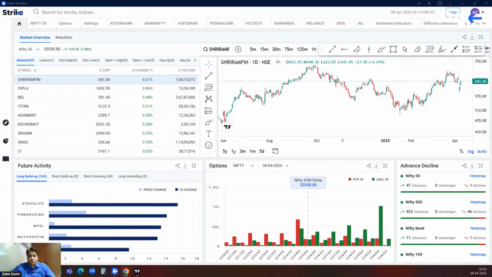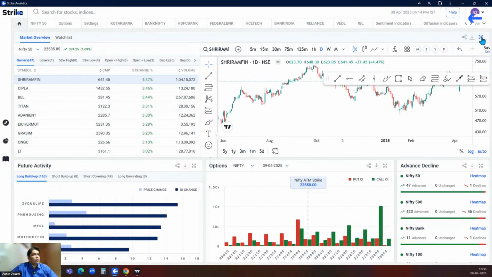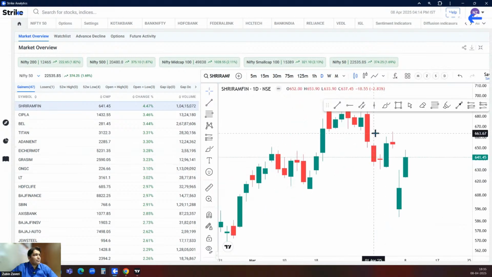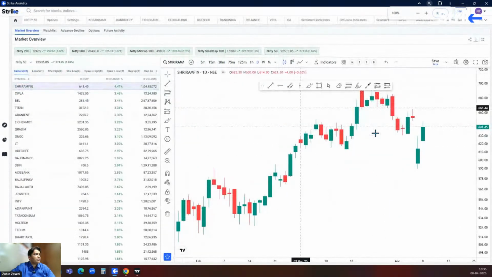Okay. So moving average, I'm sure most of the people will know what a moving average is. All you have to do is simply come to a particular chart. Let me just zoom into the chart more.